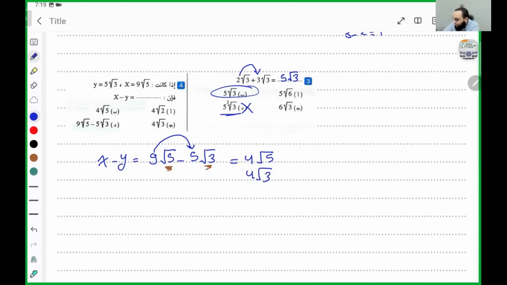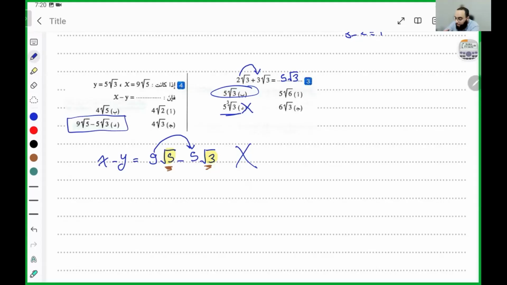Then can you subtract them? No. Why? Because they are different roots. I said before, we can only add and subtract the similar roots. They are different. So it doesn't work, we cannot subtract them. It stays itself. This is the answer.